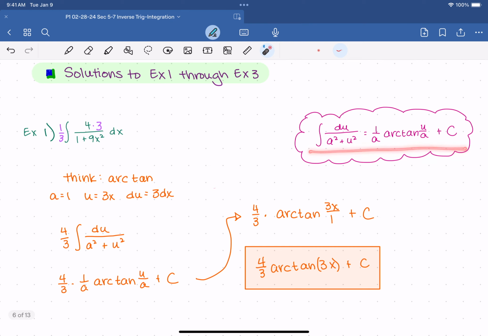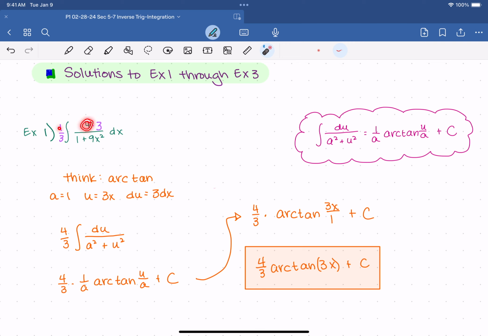So here's just a reminder of what the arctan formula is. So a is 1, u is the square root of 9x squared, which is 3x. Du would be 3dx then. And so I wanted to put a 3 on the top, so I put a 1/3 on the outside to make up for that.